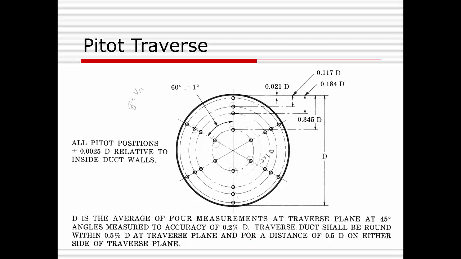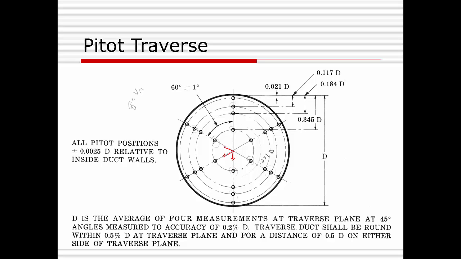And we are going to measure the velocity, not just at one point. We are going to measure it at multiple points along the radius inside the tube. Why? Because we know that the velocity is not uniform. So you want to estimate the average velocity pressure. So here are the dimensions given at different radii, in multiple directions.